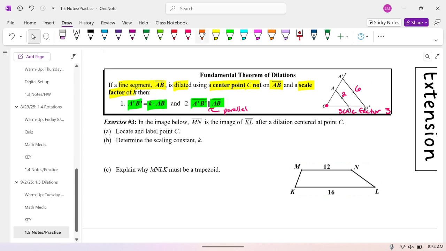So remember, if they're parallel to each other, that means that, let's say it was right here. If I just drew the line, oh no, that's wrong.